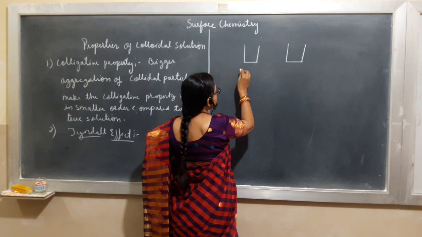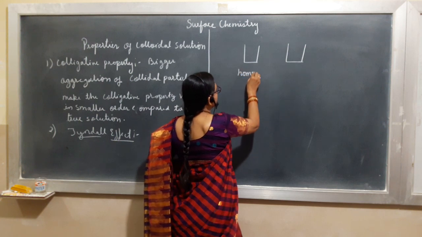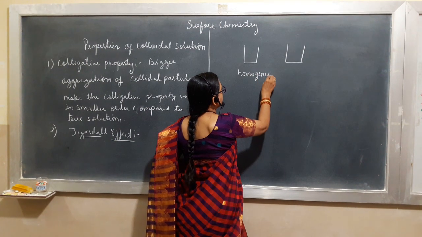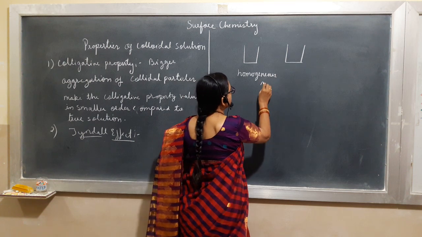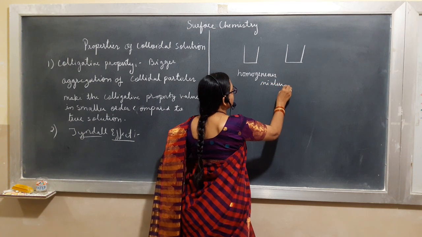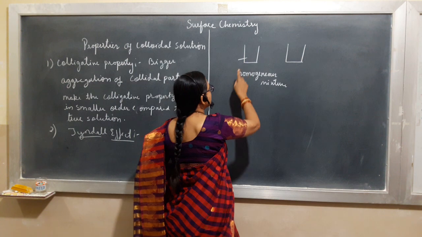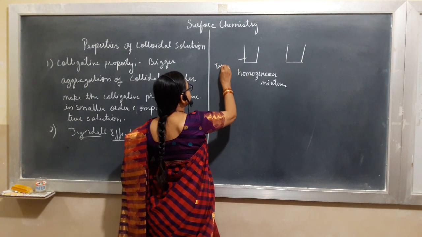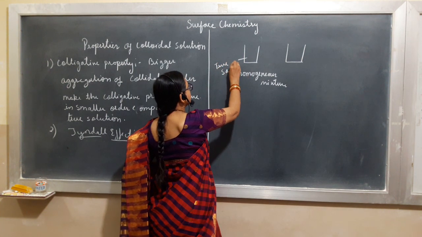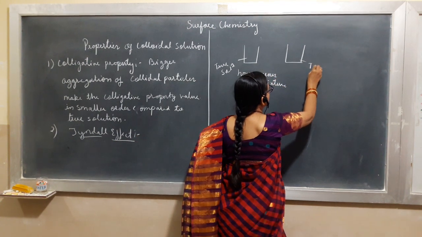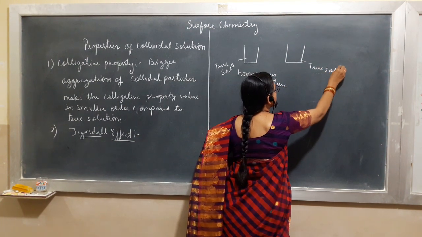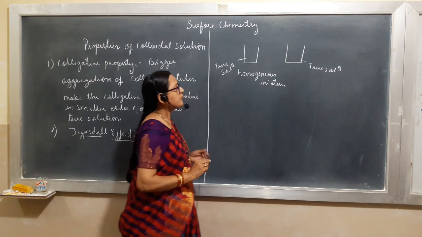So this is a homogeneous mixture. In both the containers, we have taken a true solution. This true solution we are going to observe with the help of a torch.